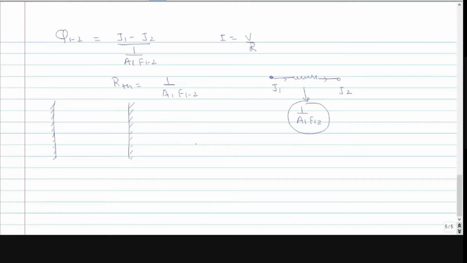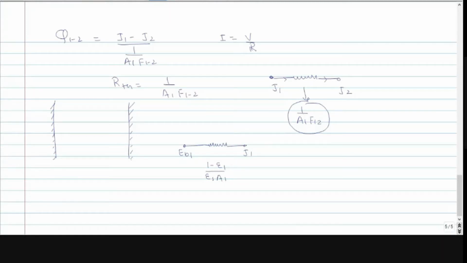So what exactly the diagram becomes: this is EB1 which has a surface resistance, then it becomes J1, and this resistance is 1 minus emissivity 1 upon emissivity 1 into area 1.